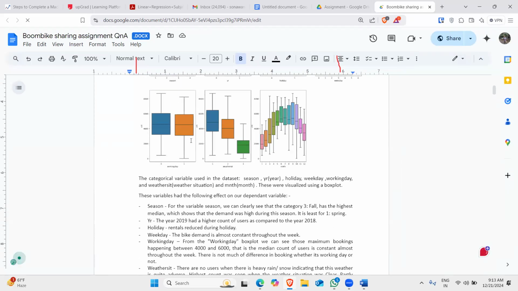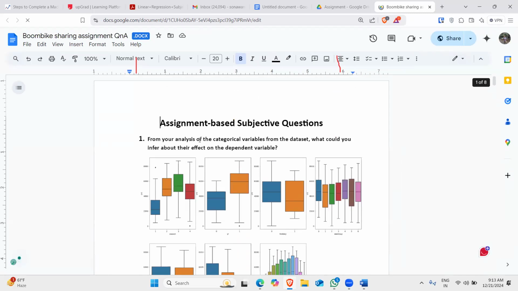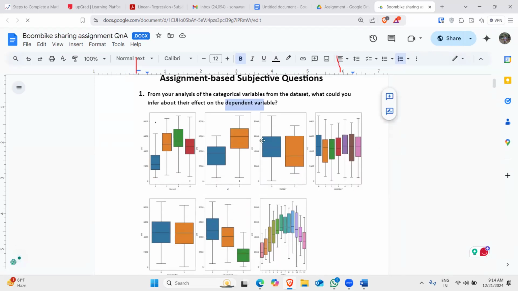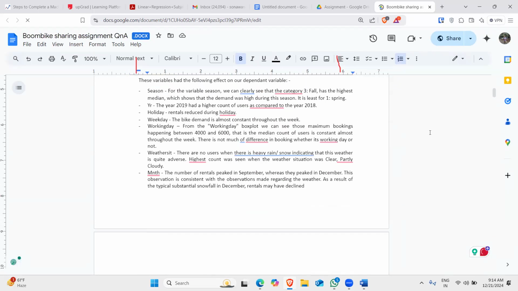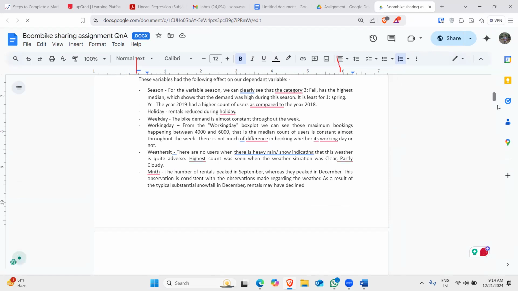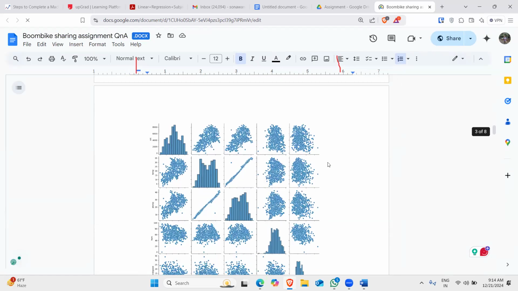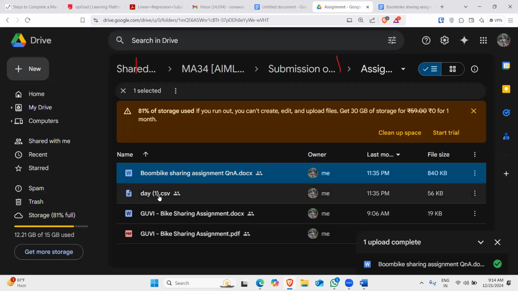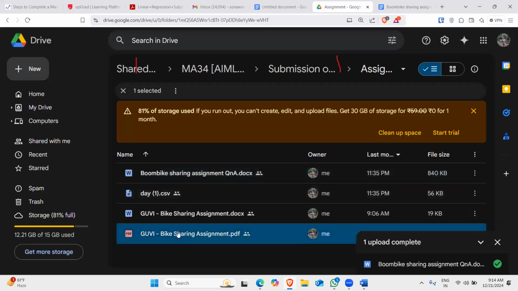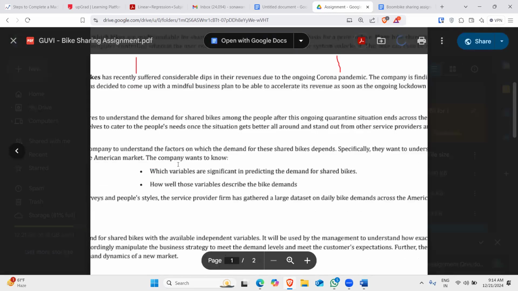For example, first of all: from your analysis of the categorical variables in the dataset, what could you infer about their effect on the dependent variable? You have to do the analysis. I have already given you answers about that, but you have to build a linear regression model on this data, the day one CSV. And you'll be able to see your problem statement over here.